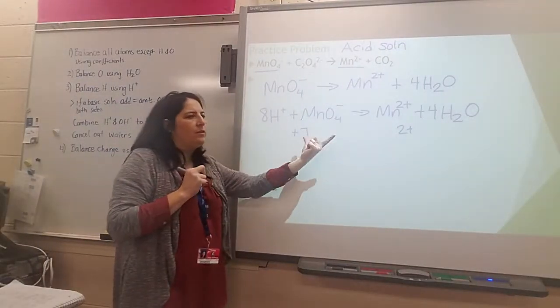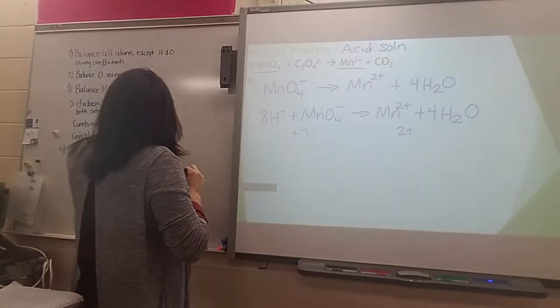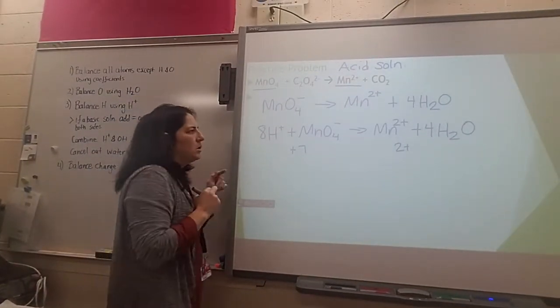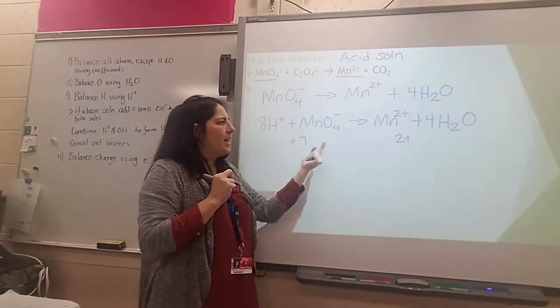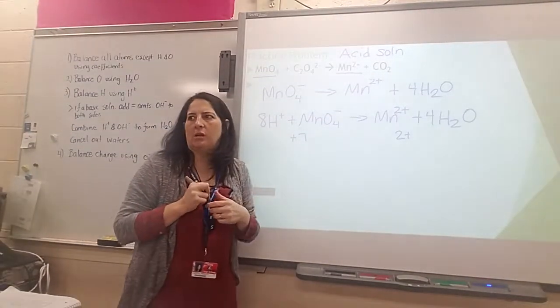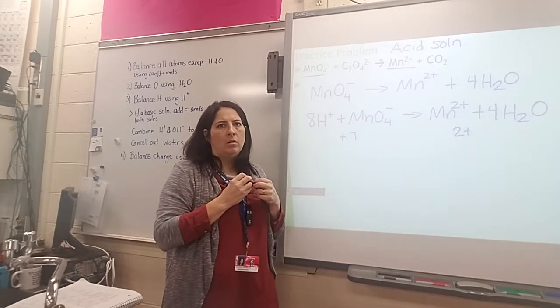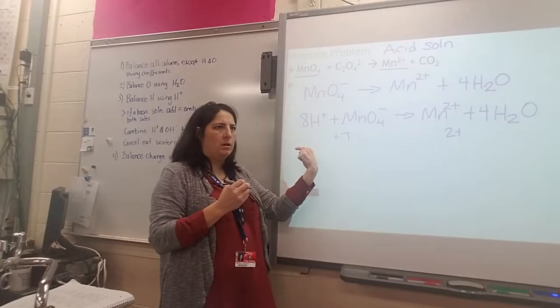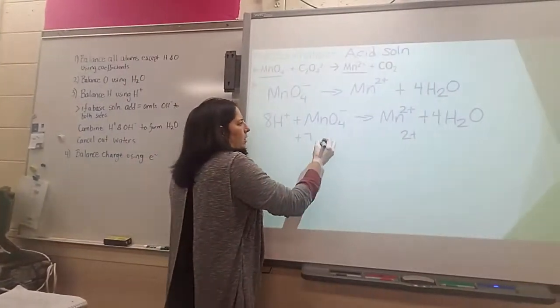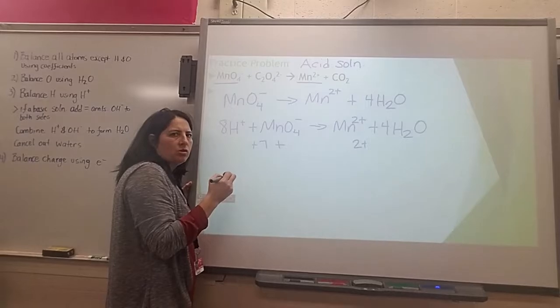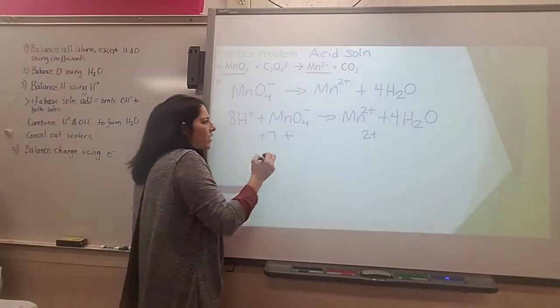All right, I need to get these charges equal, and I'm going to do that by balancing using electrons. So which side do I need to add electrons to get it equalized? This side? Yes. Okay, so how many electrons to get to a plus 2? 5.